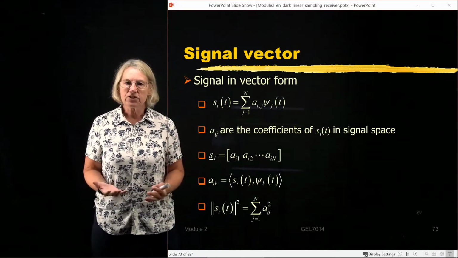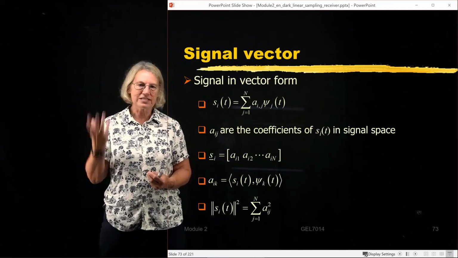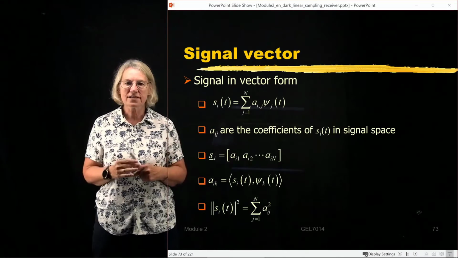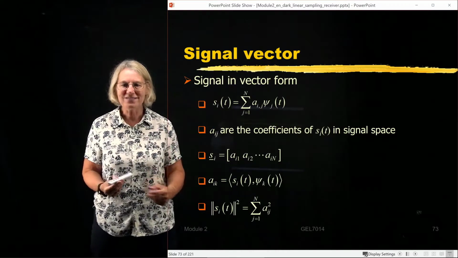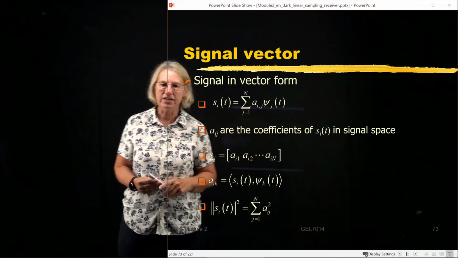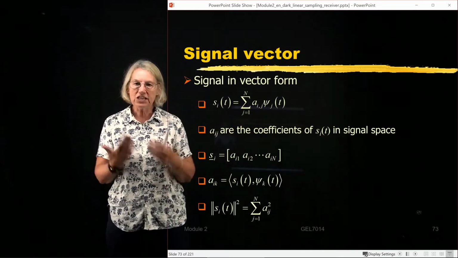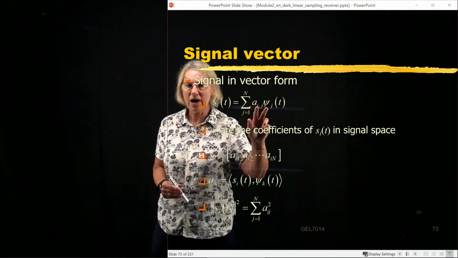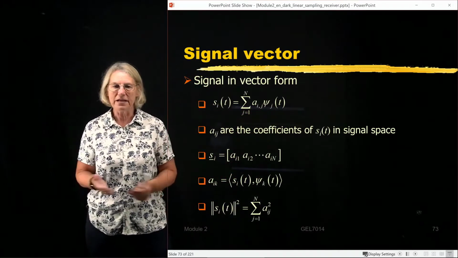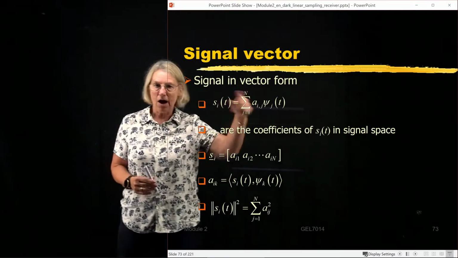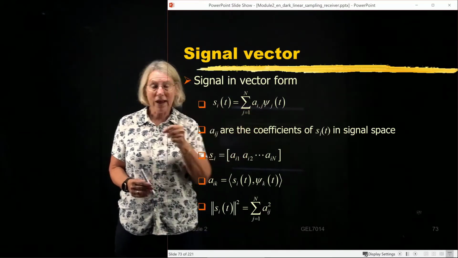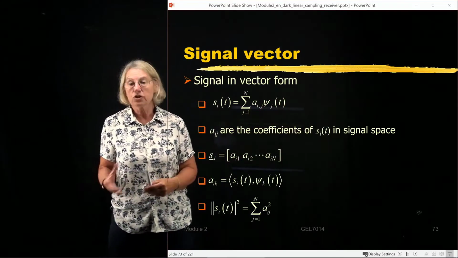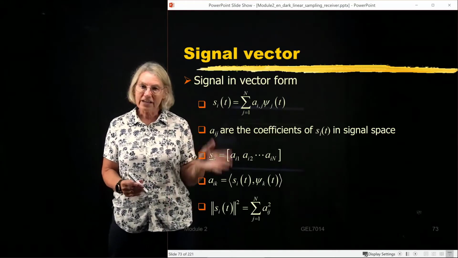So what does it mean when we have a vector representation of a time-varying signal? That means that, first of all, because this signal is in the signal space, it can be written as a linear combination of the basis vectors. That means that each one of my symbols, so here is s_i, the ith symbol, can be represented by a linear combination of the collection of N basis vectors. And in fact, each one of the weights assigned to each one of the basis vectors is the coordinate, or the coefficient, of the vector in that dimension.